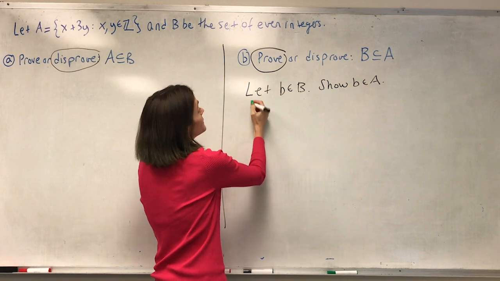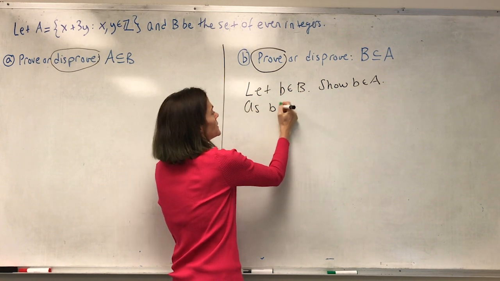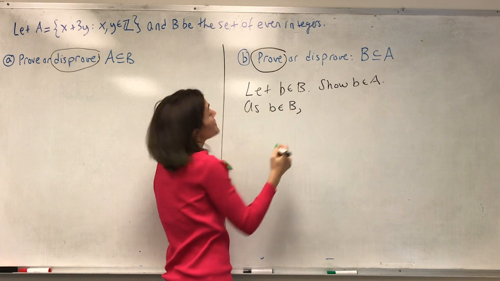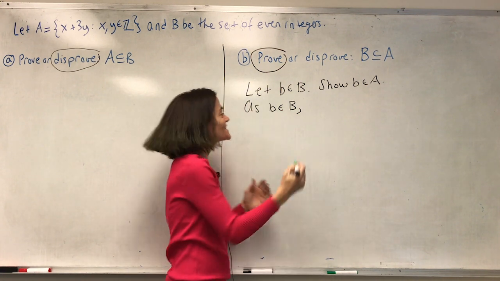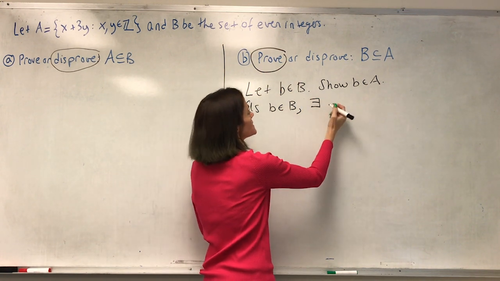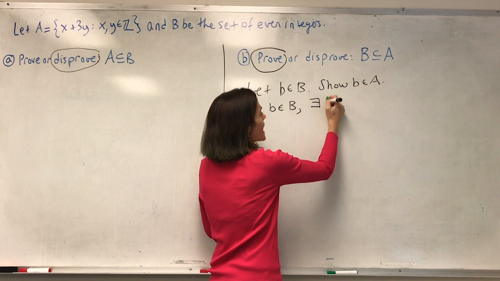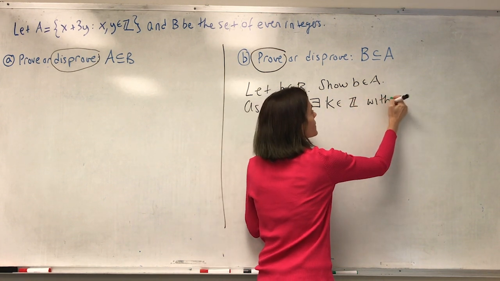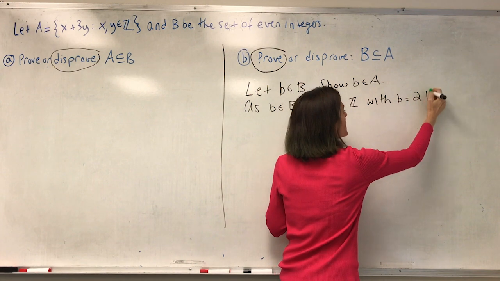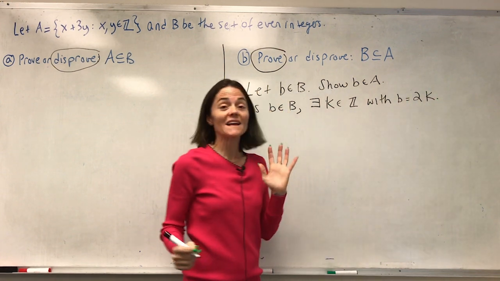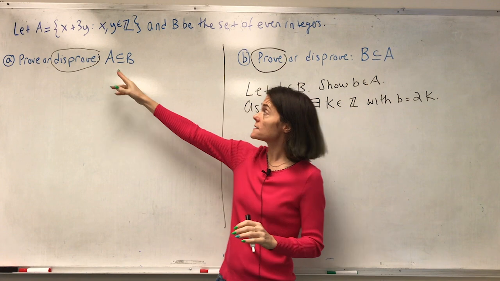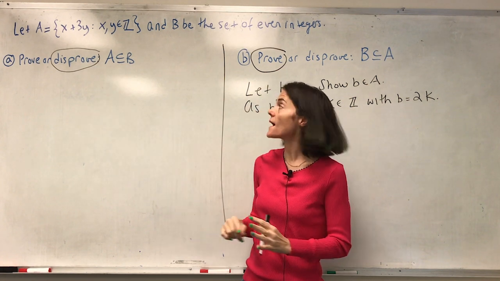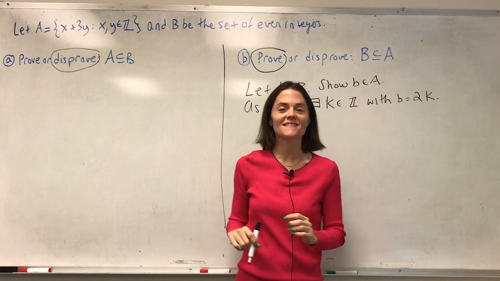Okay, well, as little b is in B, and B is the set of even integers, there exists, let's say, a k in Z with b equals 2k. Now I need to create something of the form x plus 3y, where x and y are integers.